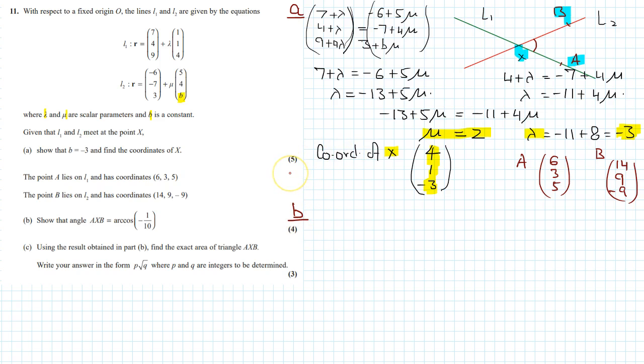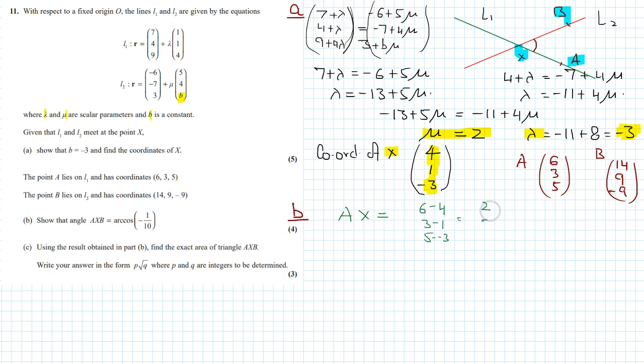So what we have is AX: (6 minus 4), 3 minus 1, and 5 minus 3.